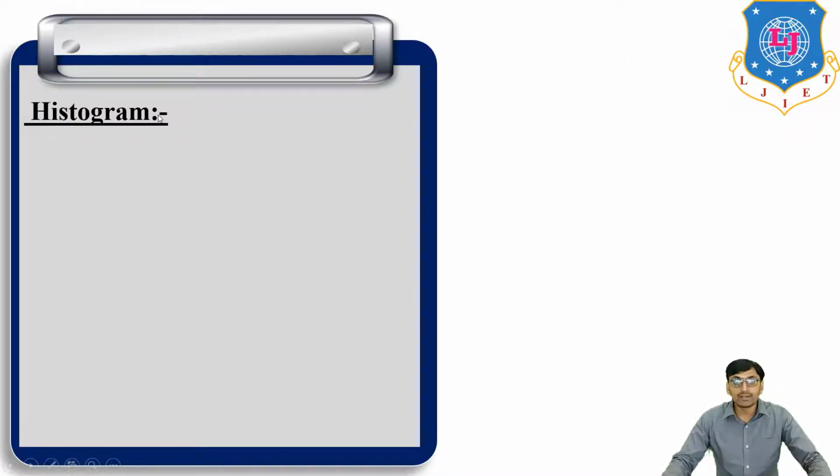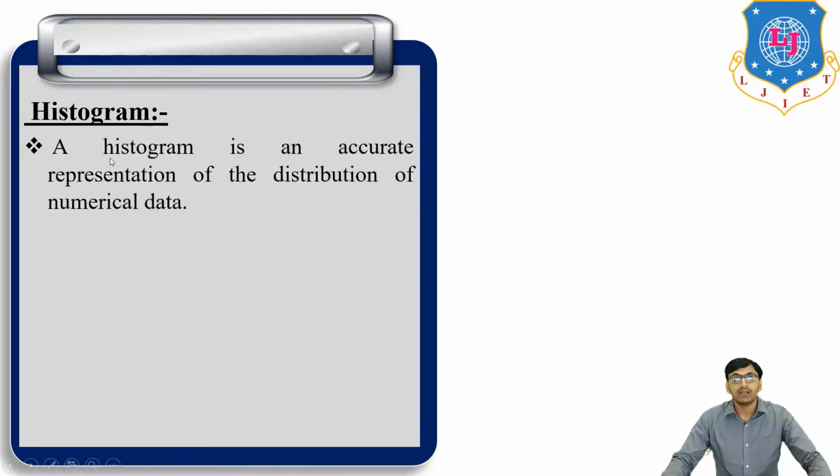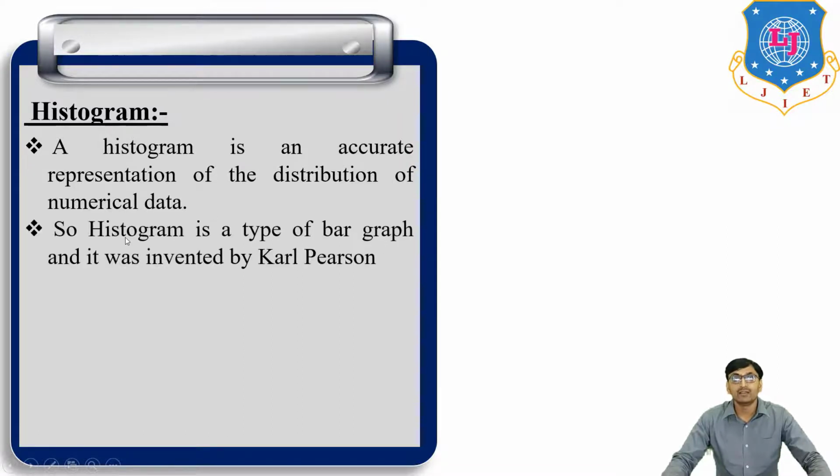Then second one, histogram. A histogram is an accurate representation of the distribution of numerical data. So, histogram is a type of bar graph and it was invented by Karl Pearson.